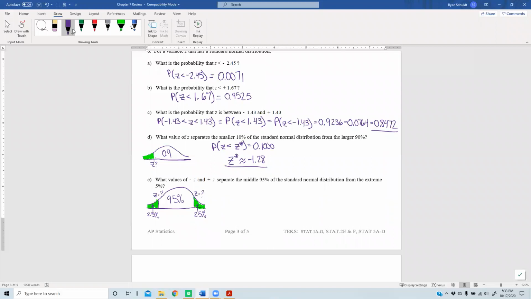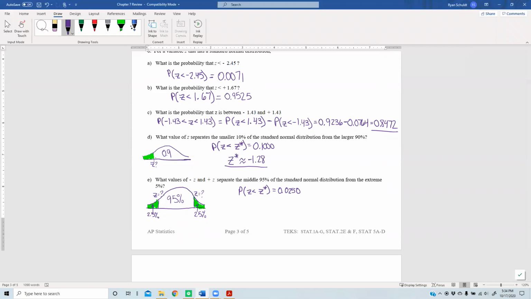So I'm going to find the one, since it'll be the easiest for me to do. I'm going to find P, that z is less than z star, is equal to 0.0250. Let's find that one.